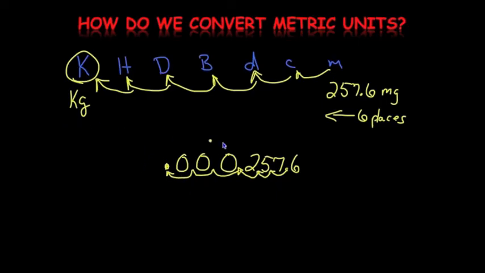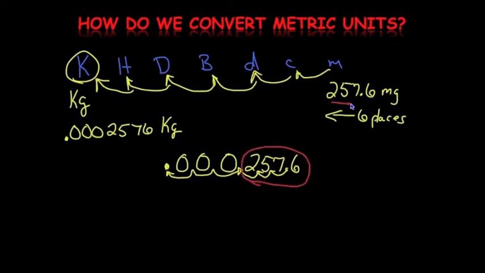So 257.6 milligrams is equal to the same amount as 0.0002576 kilograms. Notice in all these examples, the base number is still in the answer. So 2576 is still in here.